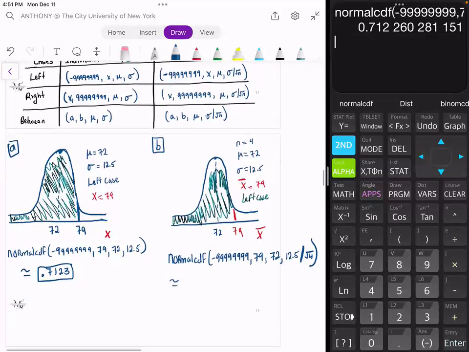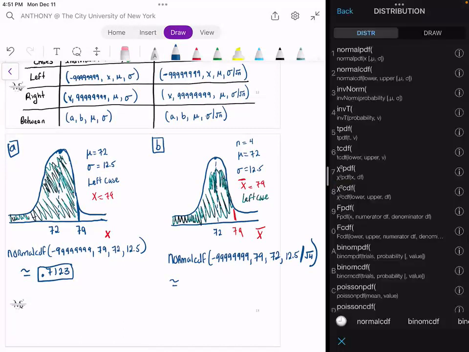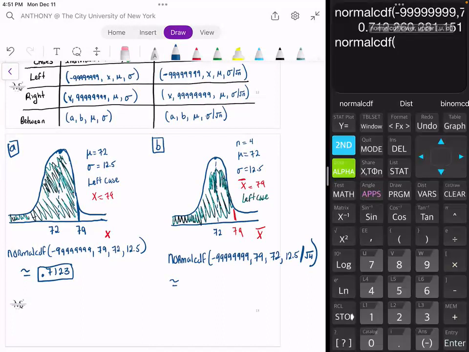So how do I enter this in the calculator? I do second vars, normalcdf, negative, all these repeating nines, so 4 of them, 5, 6, 7, 8, that's good enough, comma, 79, comma, 72, comma, 12.5.